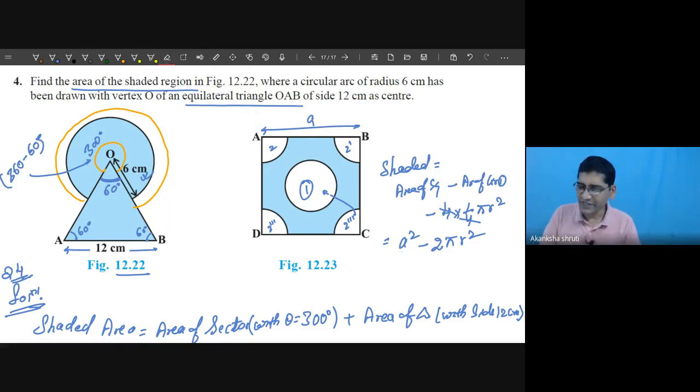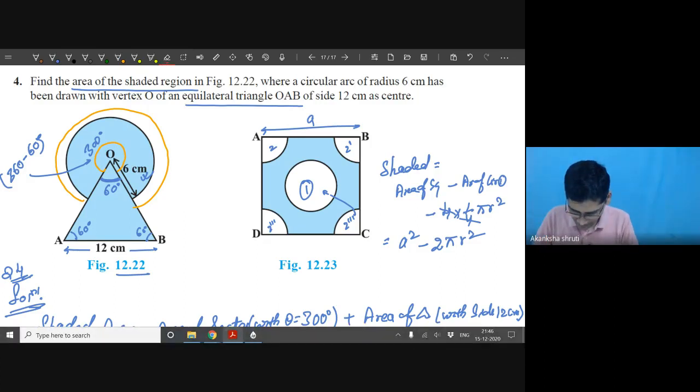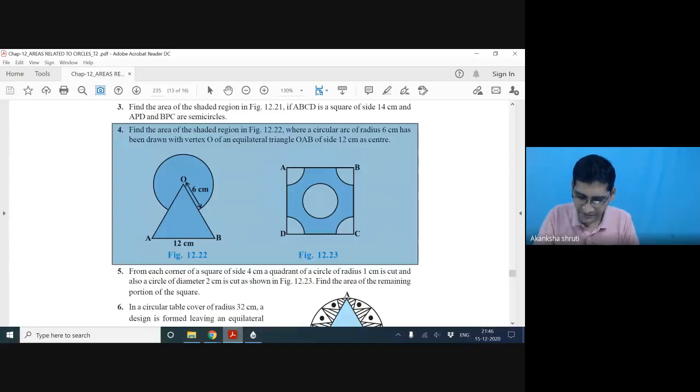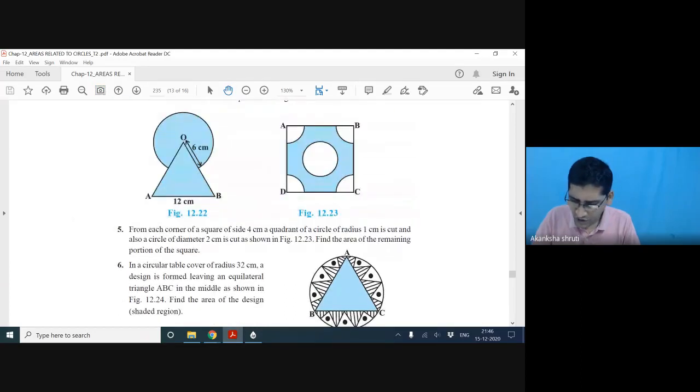Yes, any doubt then please ask, otherwise I had given the hint here. Or still if you people have difficulties, then let me explain a bit more. From each corner of a square of side 4 centimeter, a quadrant of circle of radius 1 centimeter is cut, and also a circle of diameter 2 centimeter.